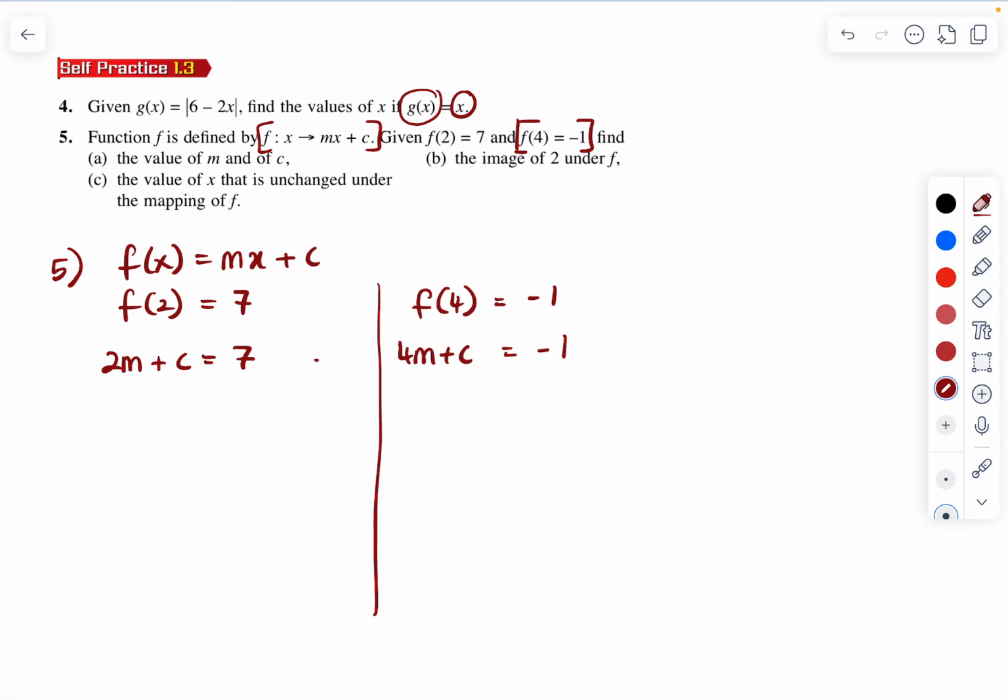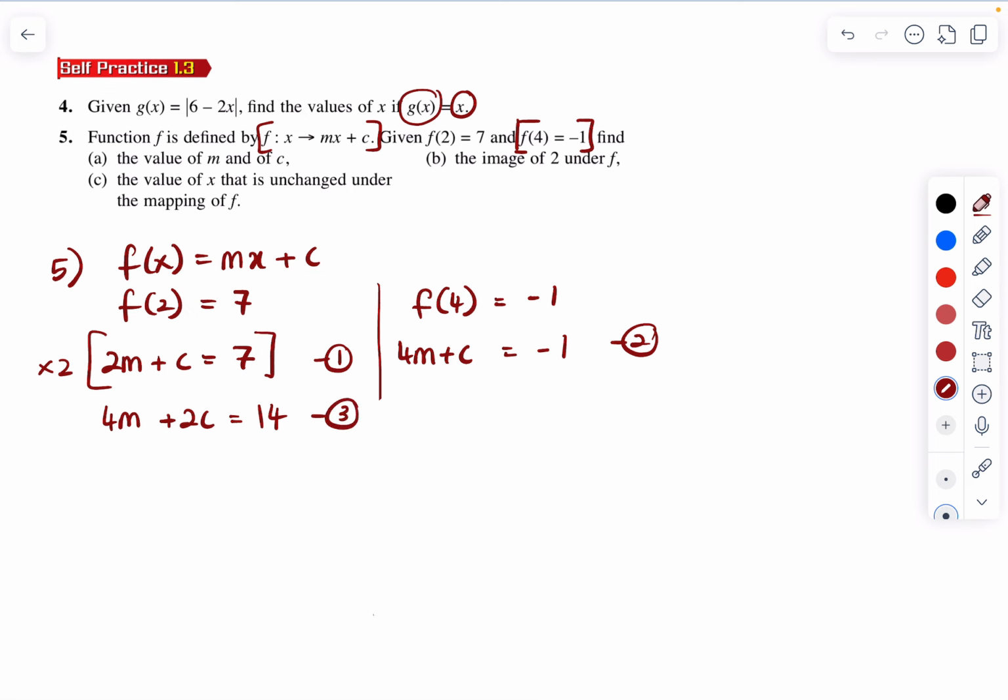So now we got two equations we have to solve simultaneously. The easiest way I can see is equation 1, we multiply it by 2. So we get 4m plus 2c equals 14. So let's name this equation 3.